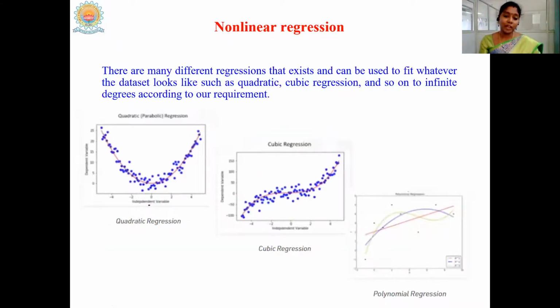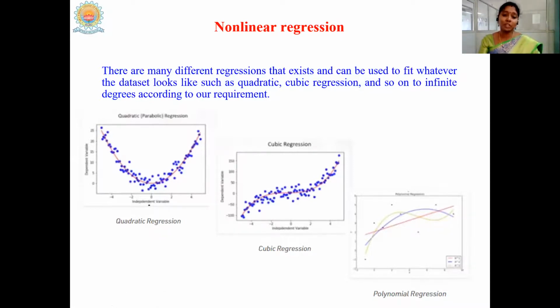Like this, there are many nonlinear regression models, like quadratic regression, cubic regression, polynomial regression. As you observe in the graph, we can have different shapes, whereas in linear regression we usually find a straight line.